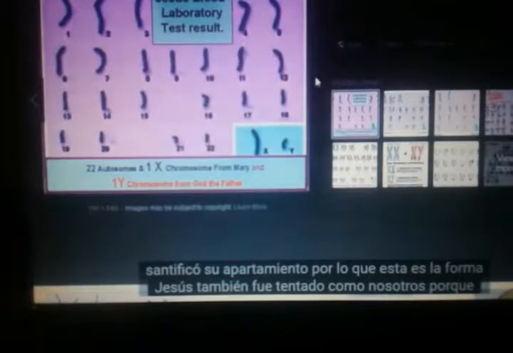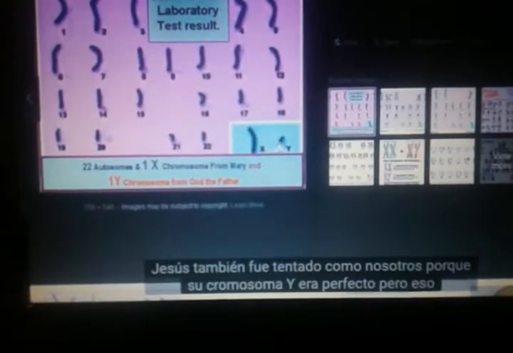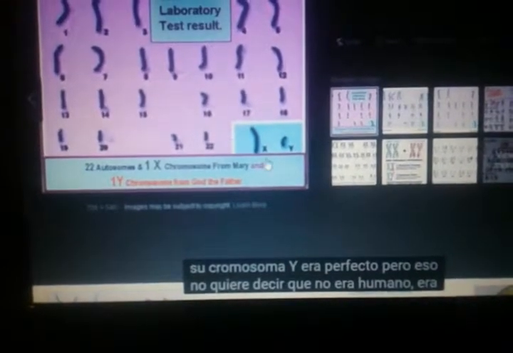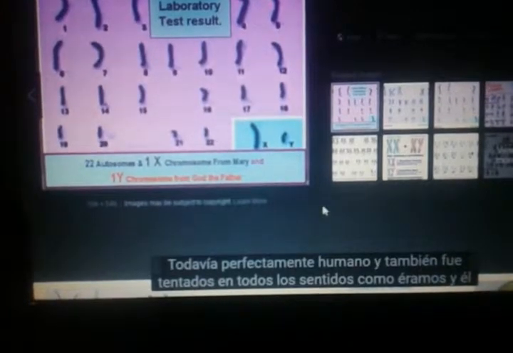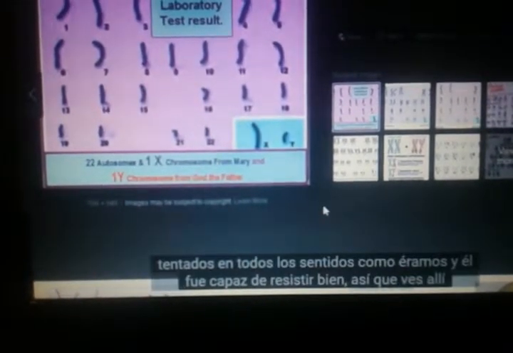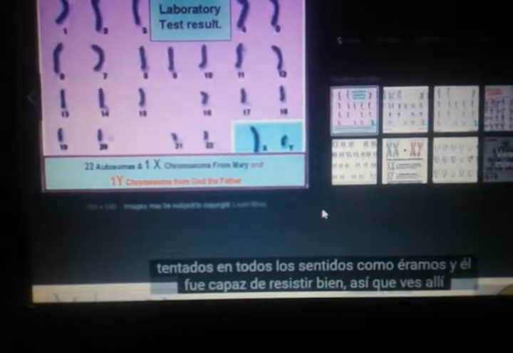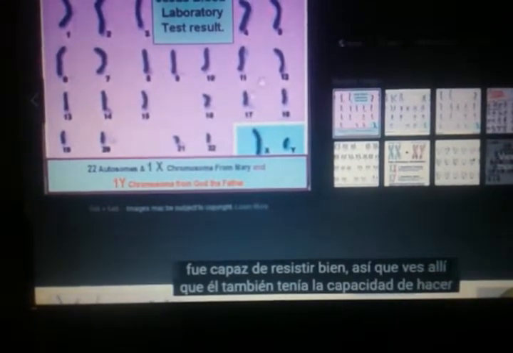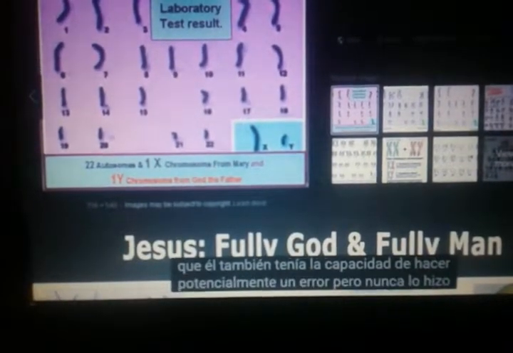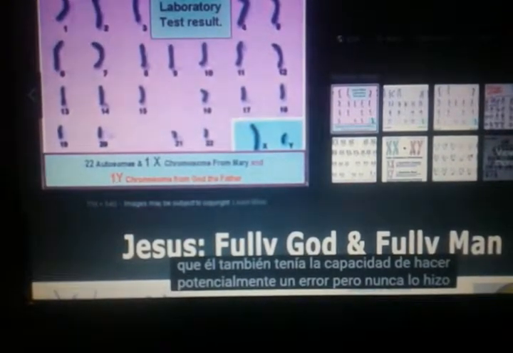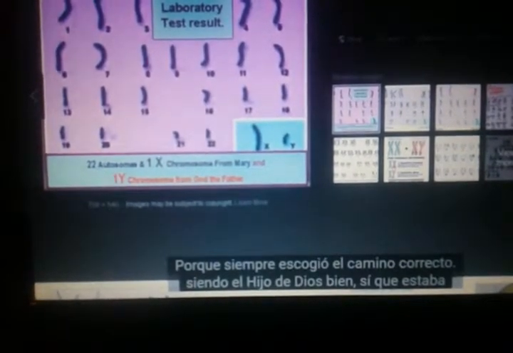So this is how Jesus was also tempted as we are, because his Y chromosome was perfect, but that doesn't mean he wasn't human. He was still perfectly human, and he was tempted in all ways as we were. And he was able to resist. So he also had the ability to potentially make a mistake, but he never did, because he always chose the right path, being God's son.